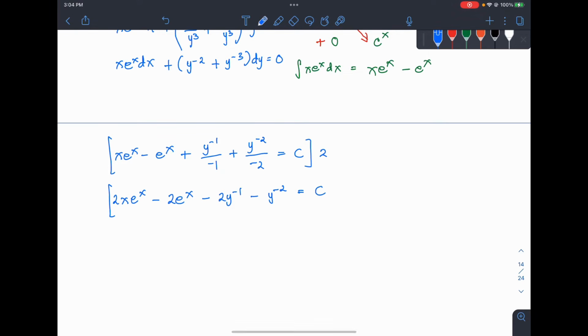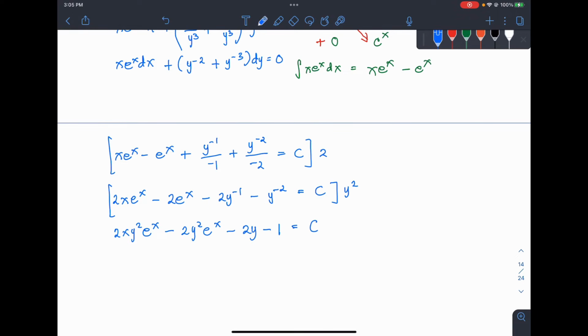And then if we want to remove all the negative exponents, we can multiply everything by y squared. So giving us 2x y squared e raised to x minus 2y squared e raised to x minus 2y raised to negative 1 plus 2, that is just 2y, and minus y squared times y raised to negative 2, that would be y raised to 0, which is 1, is equal to c.